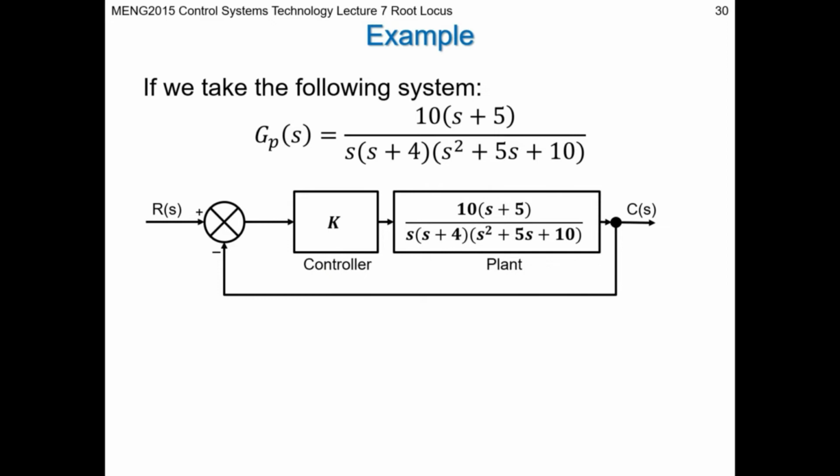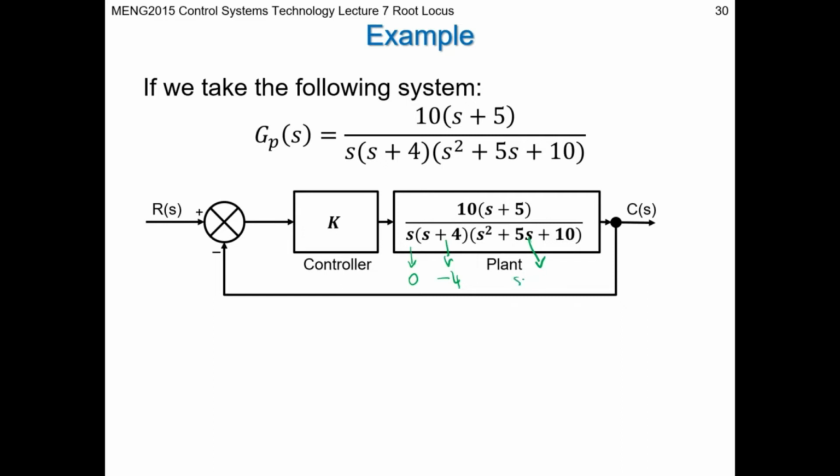If we take this system, we've got a fairly complex plant model here. It's a fourth order. By observation, you can see this is a complex pole. So we've got poles at 0, -4, and this one.